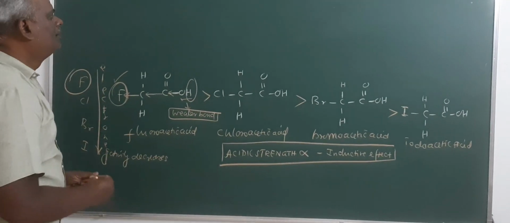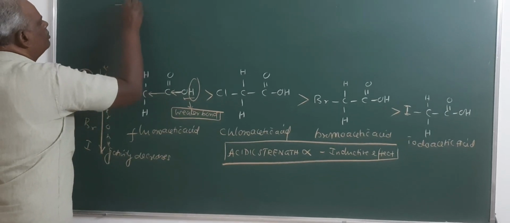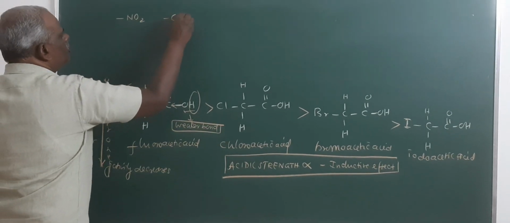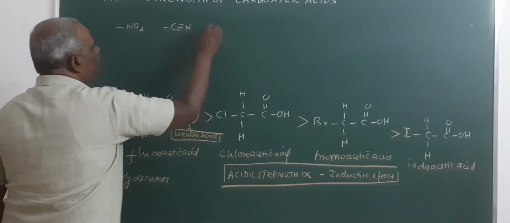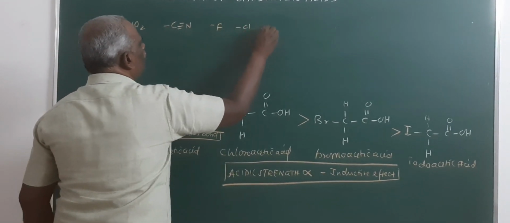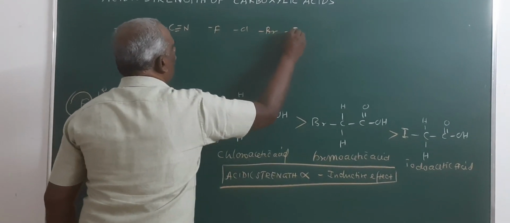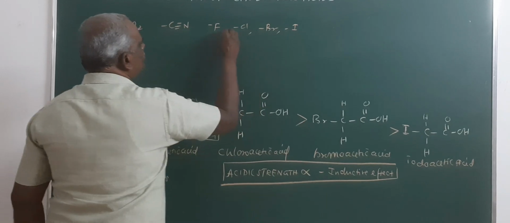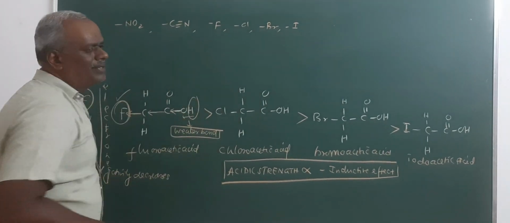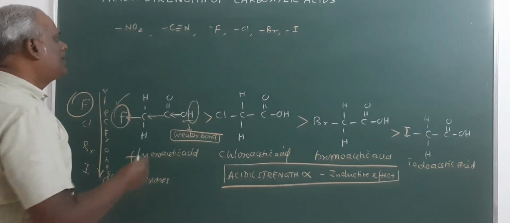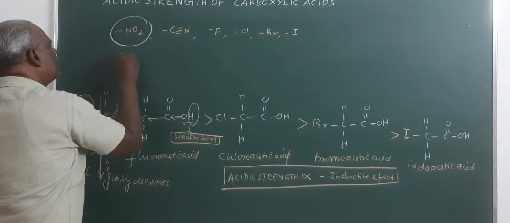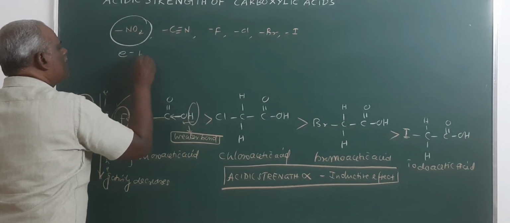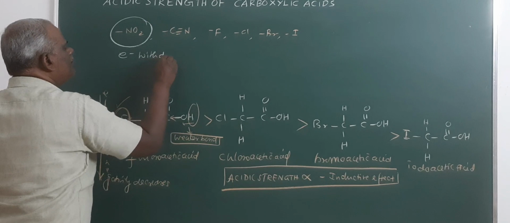We can have nitro group, cyano group, fluoro, chloro, bromo, iodo. Among all of these, the nitro group has a powerful electron withdrawing power.